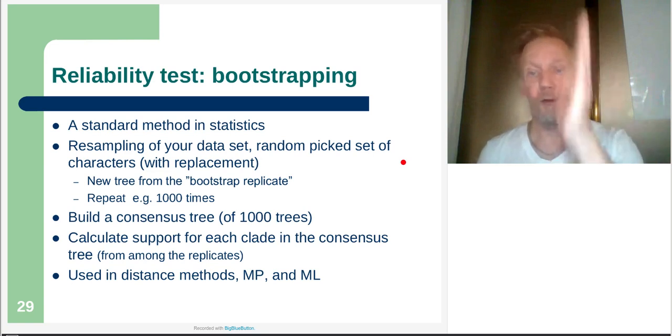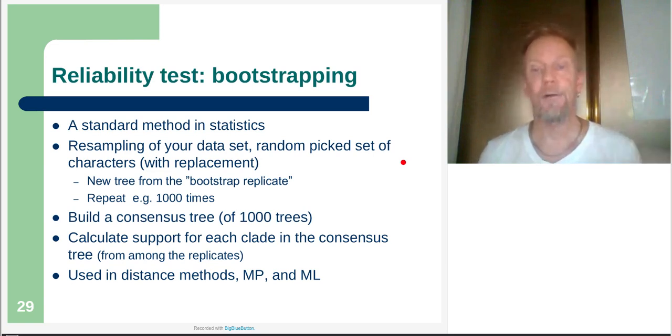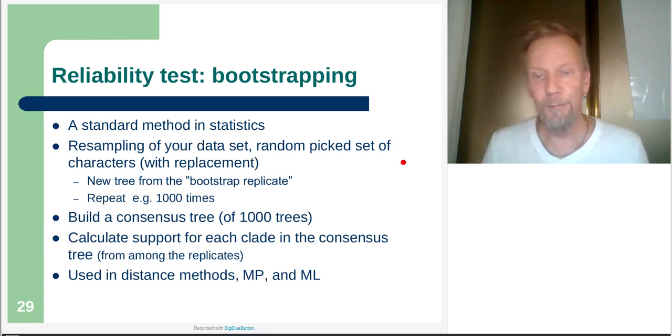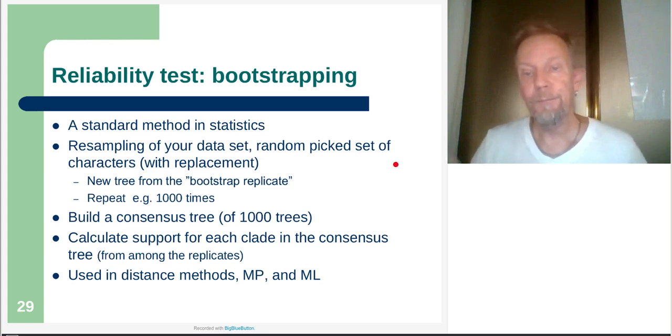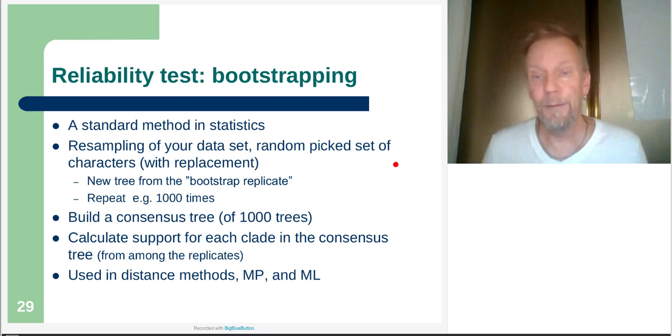Each column is considered to be a separate character, and it doesn't matter in which order they are in the genome or in which order they are in the amino acid chain of the protein. But in bootstrapping, you take a random simulated data set which contains different numbers of the characters you had.